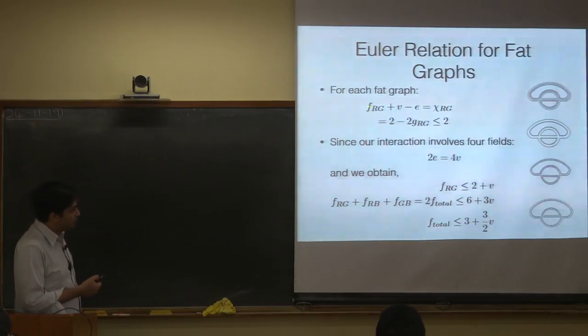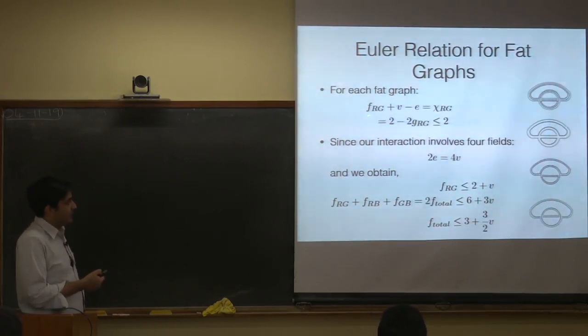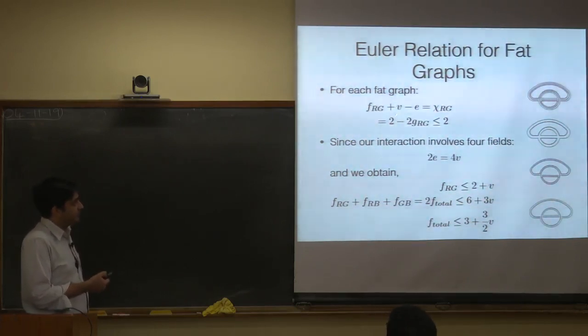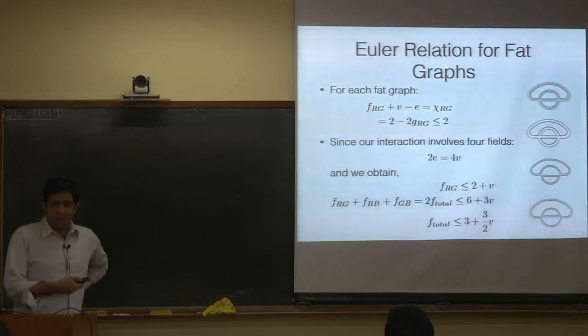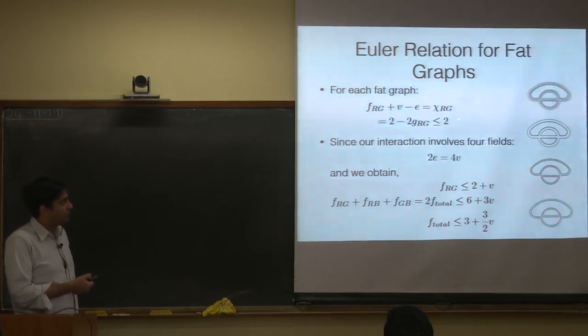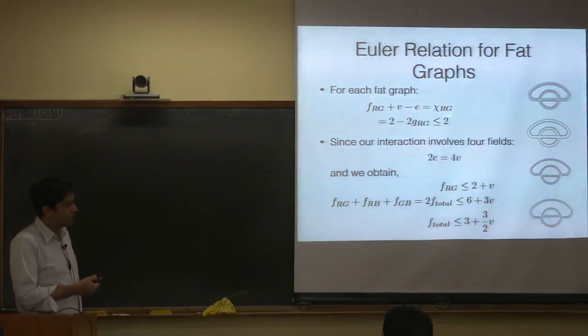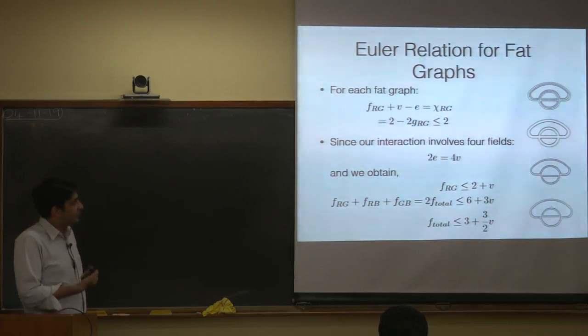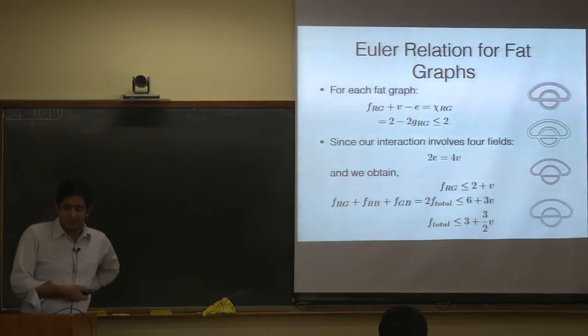Now for each individual fat graph, the number of faces plus vertices minus edges is the Euler characteristic, which is 2 minus 2g. And that is less than or equal to 2, because g is 0 or higher.